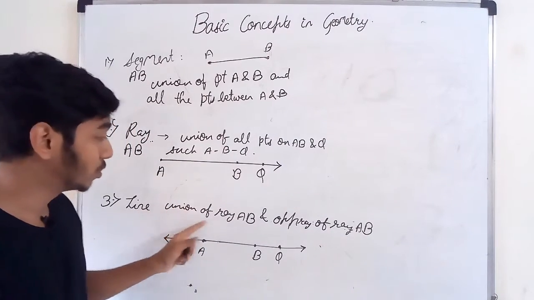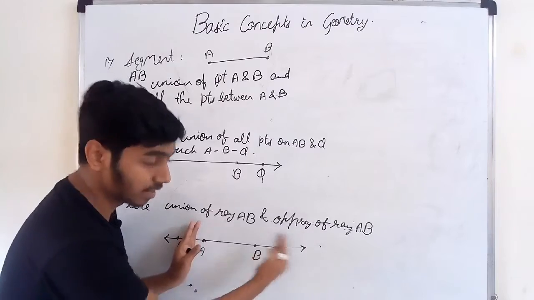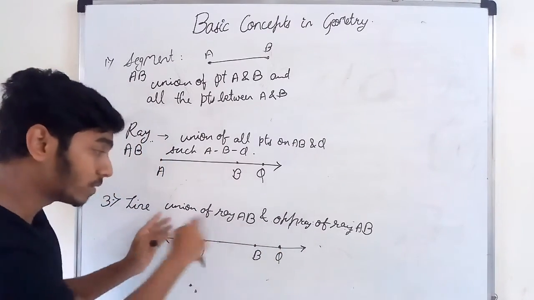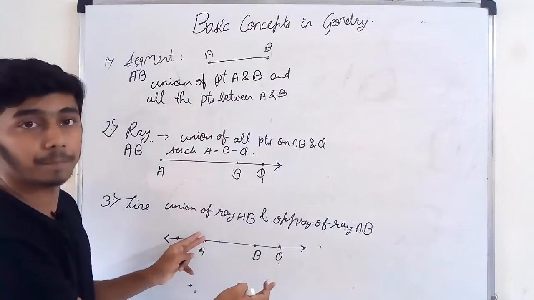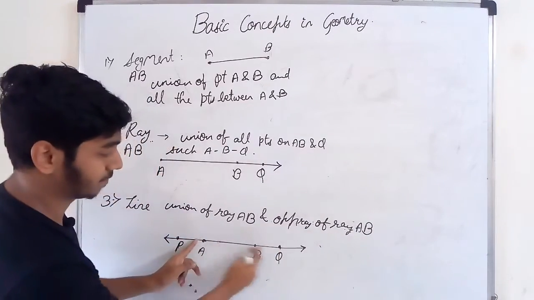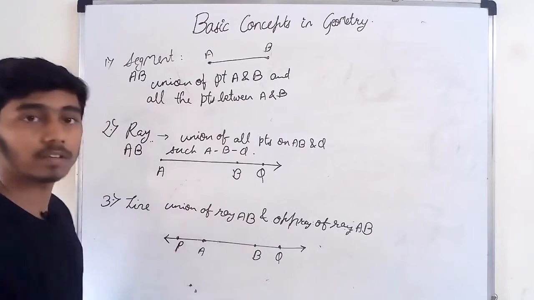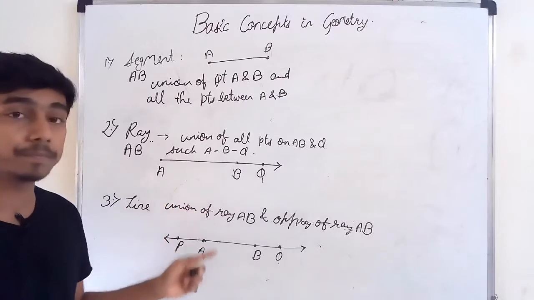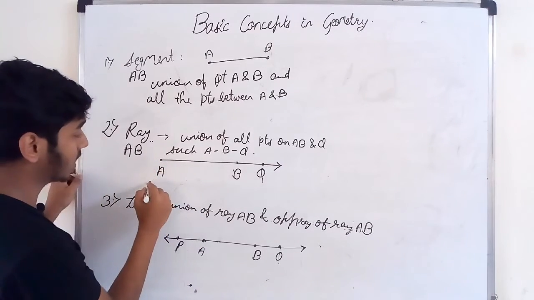Line is what? Union of ray AB, so there is this ray, and there is an opposite ray of AB, which is BA. How do you call a ray?